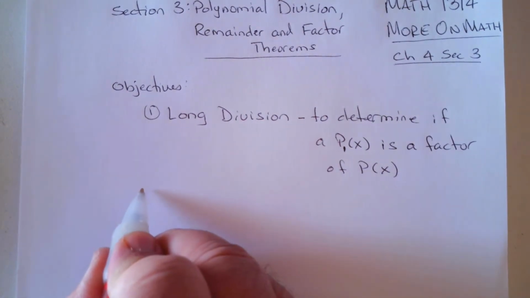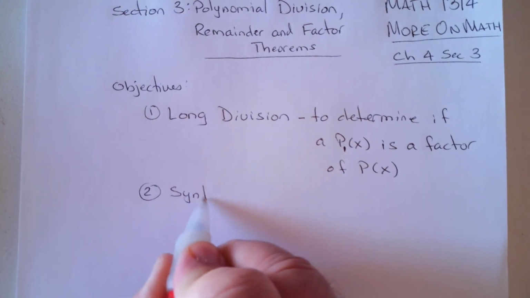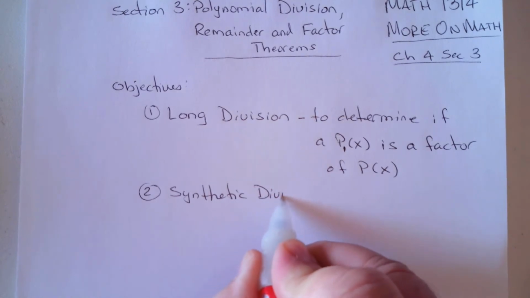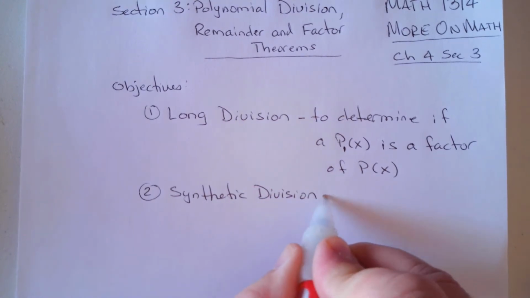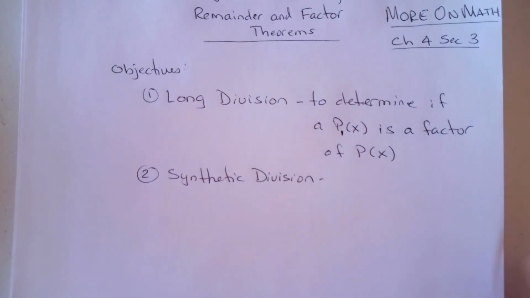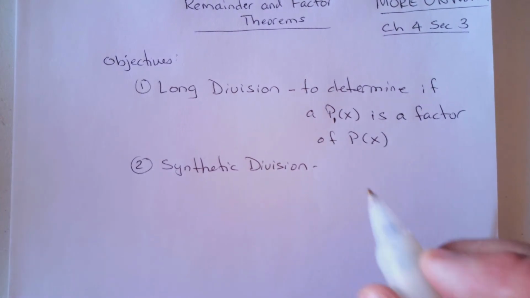Now the second one is a shortcut to that called synthetic division. Synthetic division looks weird when you first start it, but it's a lot faster.